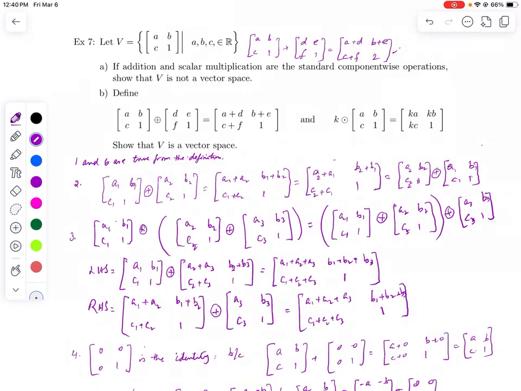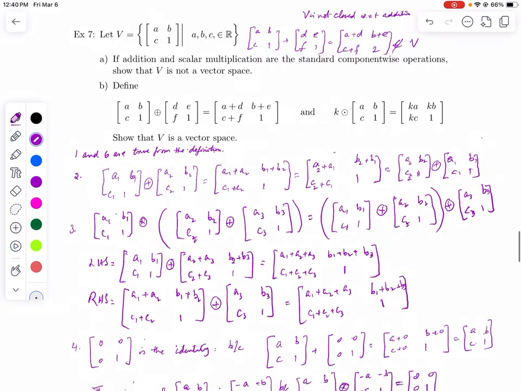So this does not belong to V, so V is not closed under addition, and therefore it is not a vector space. And so V is not closed with respect to addition. That's why it's not a vector space.